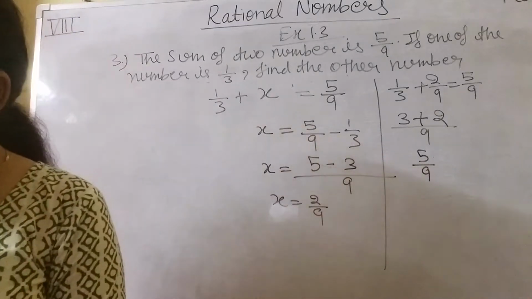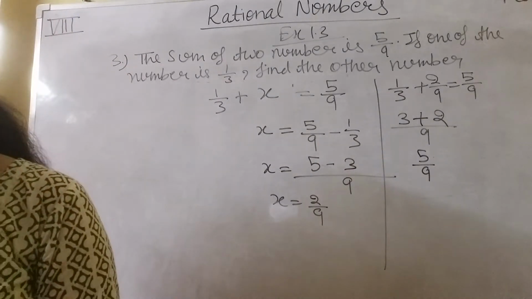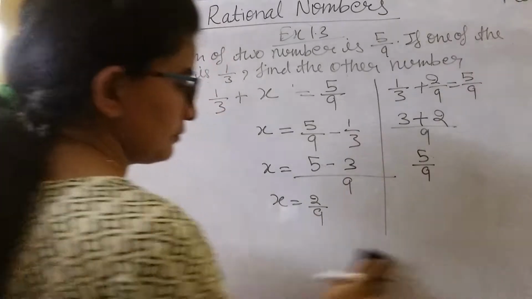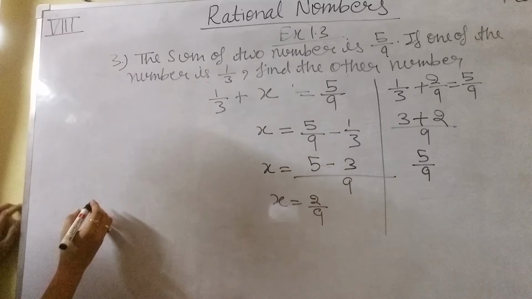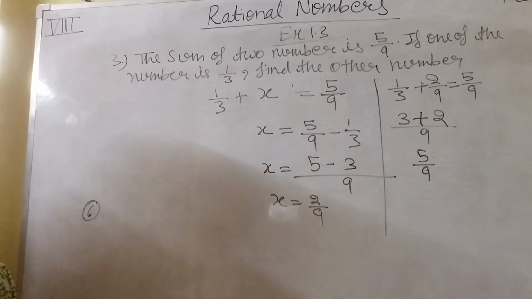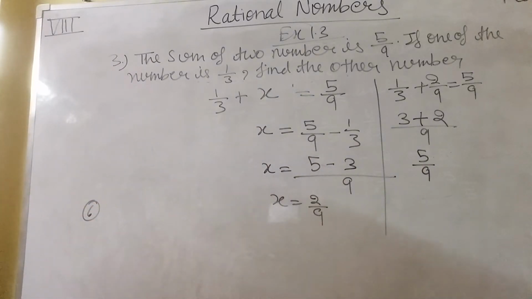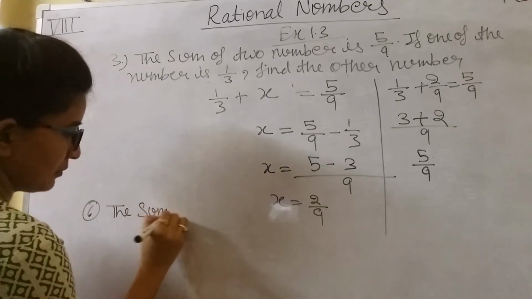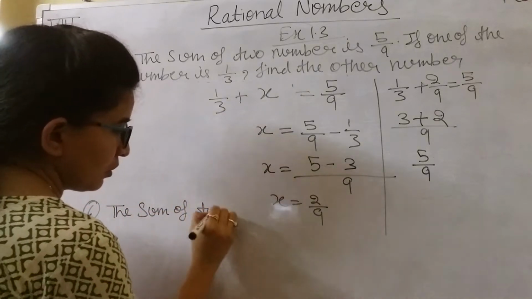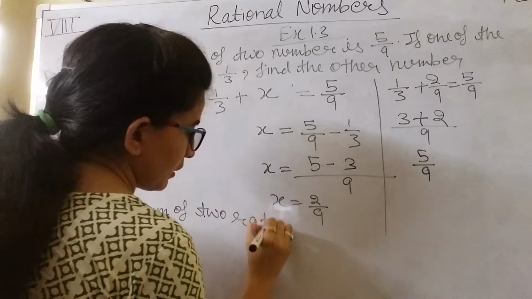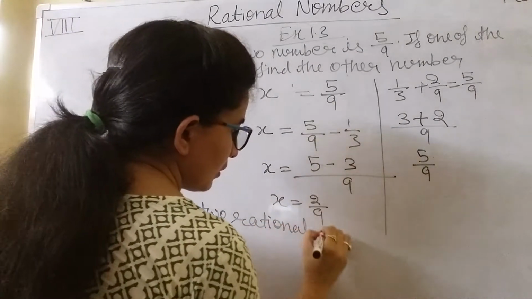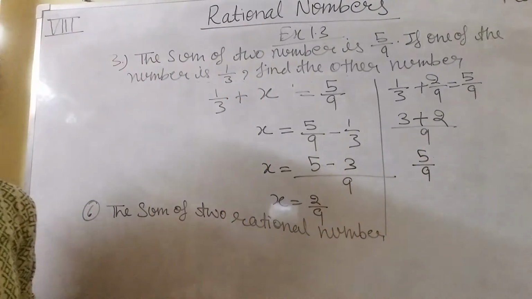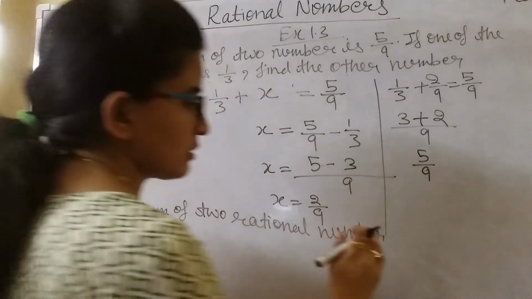Now we have question number 6. Question number 6 is: the sum of two rational numbers is minus 8.